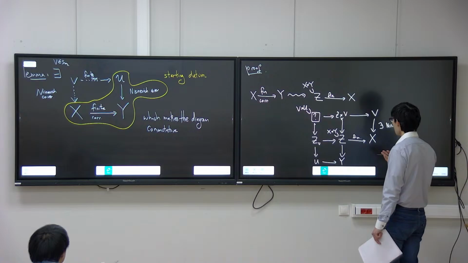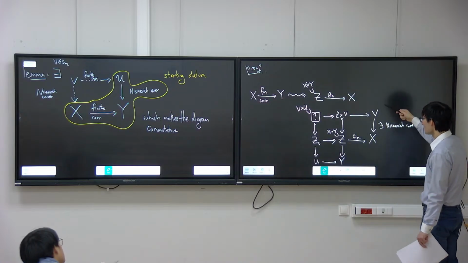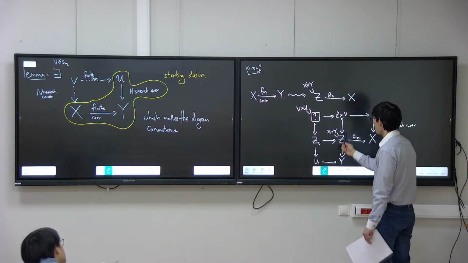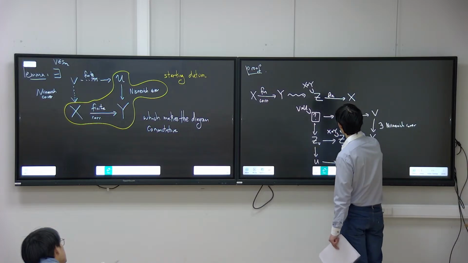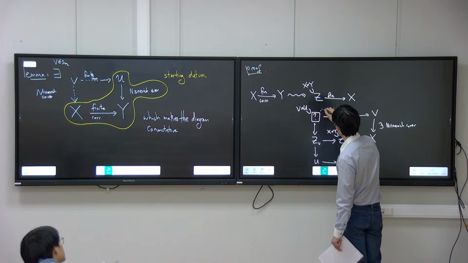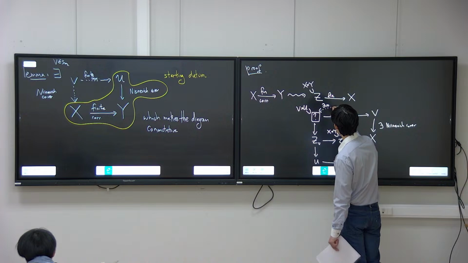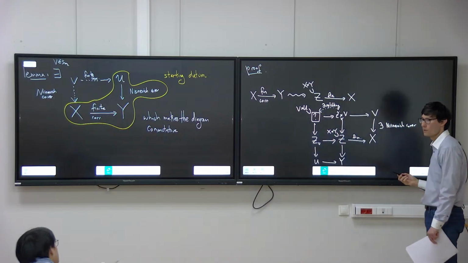But the point is that there exists a Nisnevich covering such that this map here splits. So there exists a splitting. What's going on here is the following.